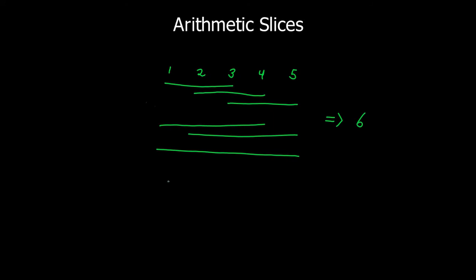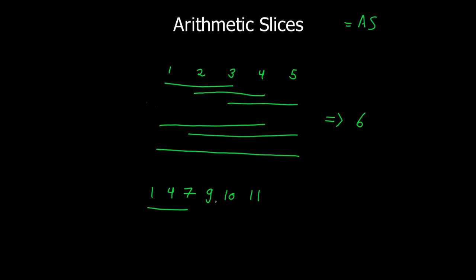Similarly, we can also have an array where the difference between consecutive elements is not the same. For example, 1, 4, 7, 9, 10, 11. Now in this case, the difference between 1 and 4 is 3, and 4 and 7 is also 3. Therefore, this definitely is an AS. Let us call this thing AS.